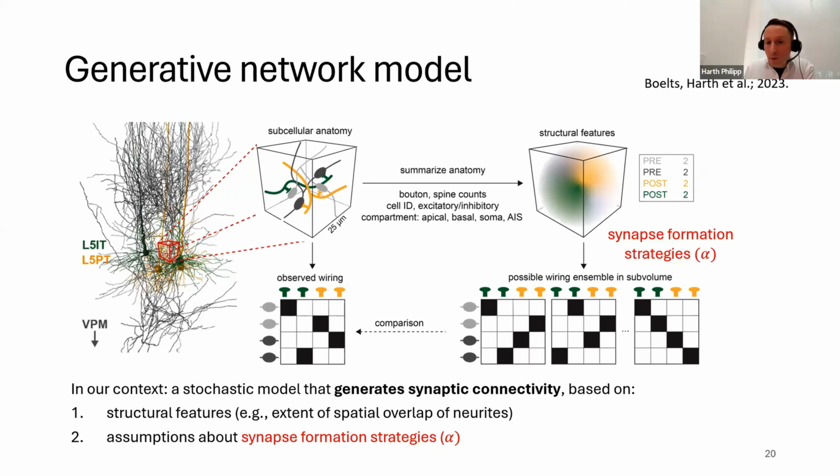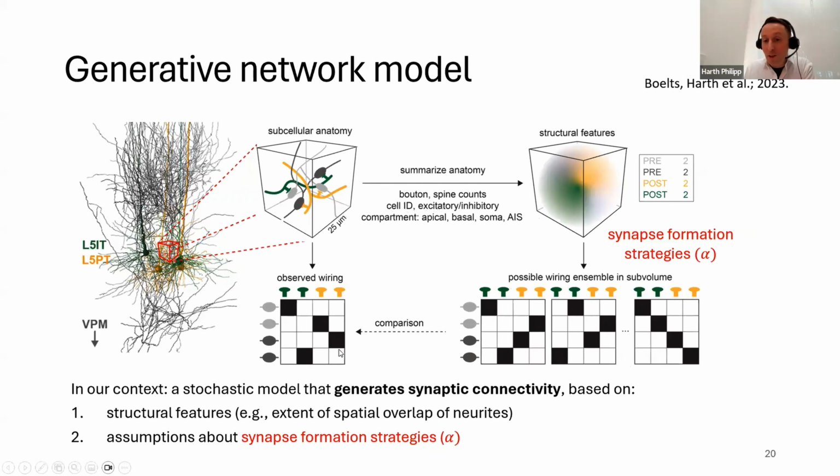This is illustrated by these little matrices here on the bottom right. We remove the ground truth connectivity, retrieve anatomical features from the structural reconstruction, and let the model operate. The model could output different connectivity predictions based on the parameters that we input.